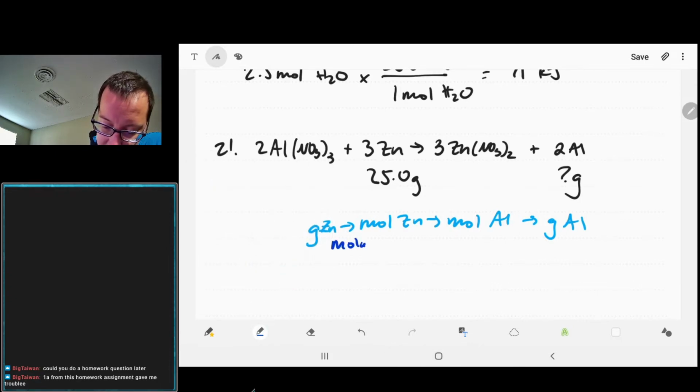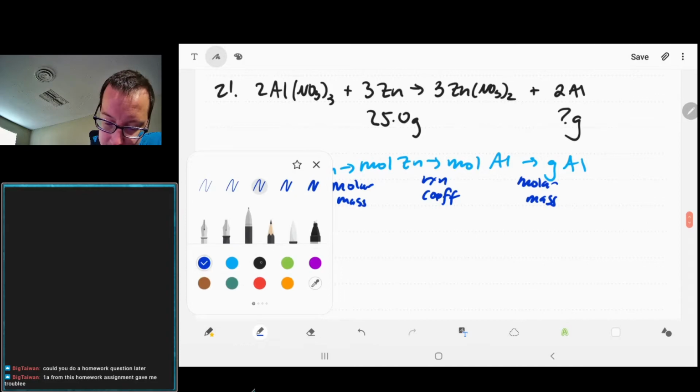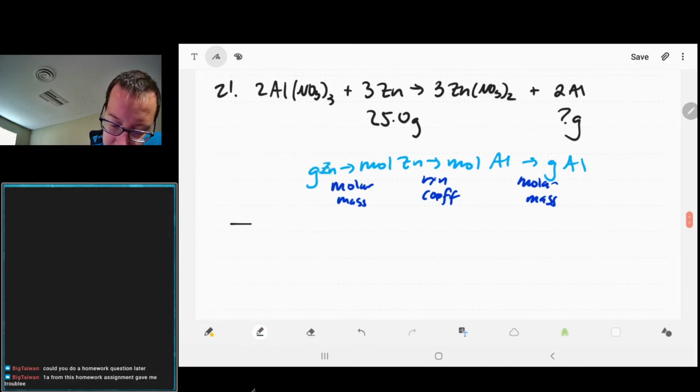That's molar mass, reaction coefficient, and then molar mass. So 25. It says it reacts completely, so we're doing 100% yield.